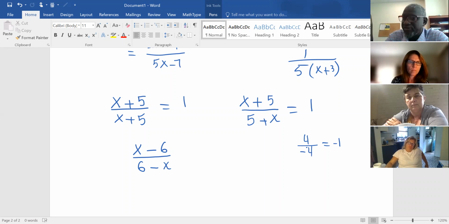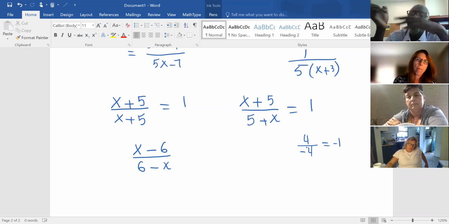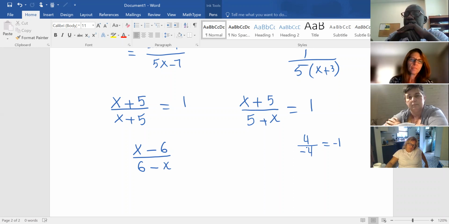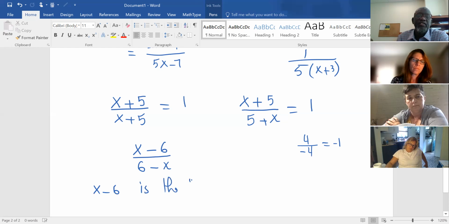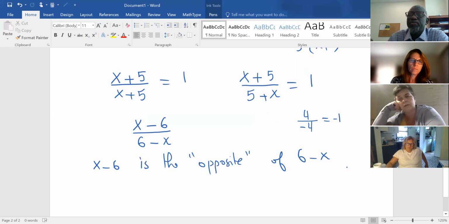What is 5 minus 3? It's 2. What is 3 minus 5? -2. 7 minus 4 is 3, 4 minus 7 is -3. So basically, x minus 6 is the opposite of 6 minus x. What happens when we divide 2 opposites?